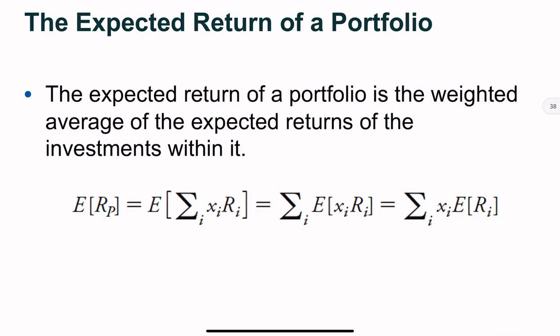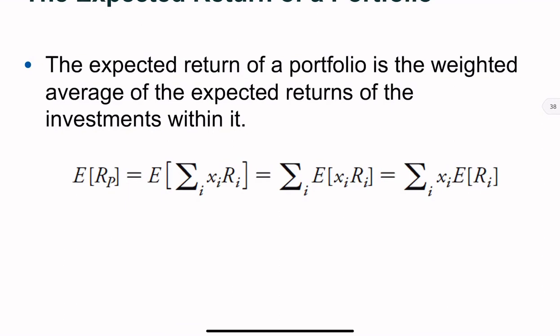So you can see we have this formula here. The formula basically tells you that if you wanted to calculate the expected return of a portfolio, then you just need to calculate the weighted average of the expected returns of the investments within that portfolio. So this is the formula.